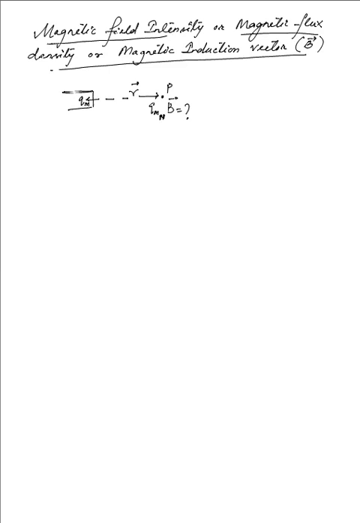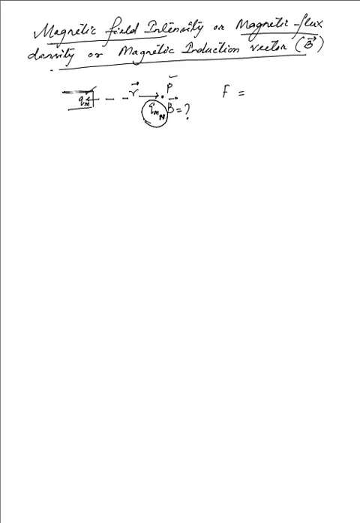So here we have two pole strengths. Now this is the pole from which the point has been taken where we want to determine the field. But before determining the field, we would like to obtain the force that it will apply on a unit magnetic north pole placed at that point.